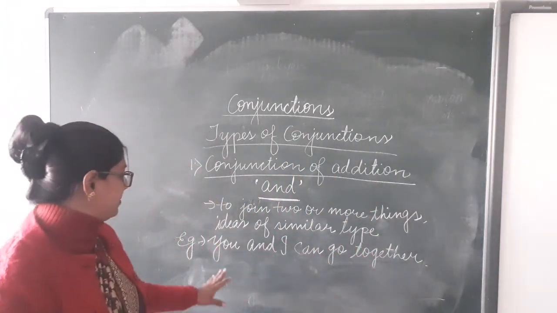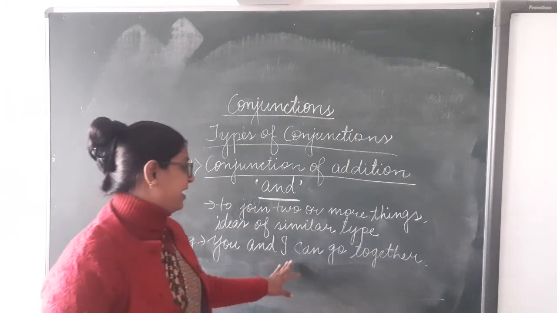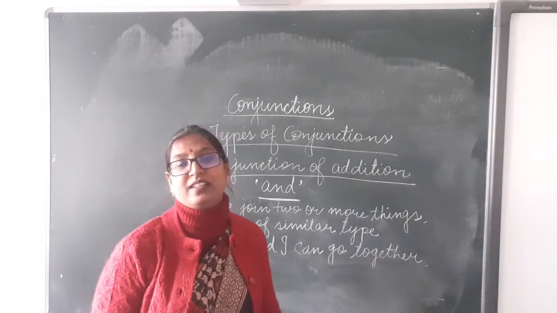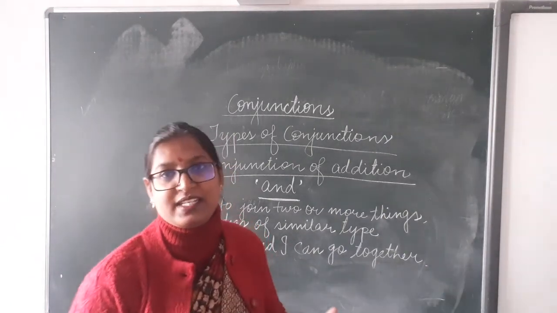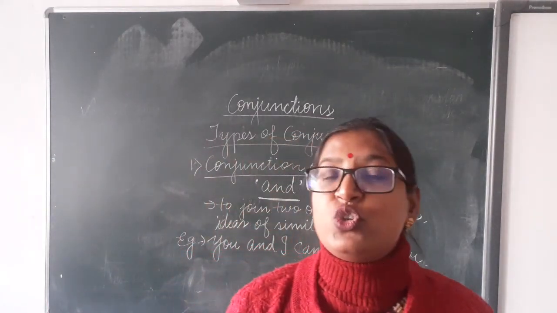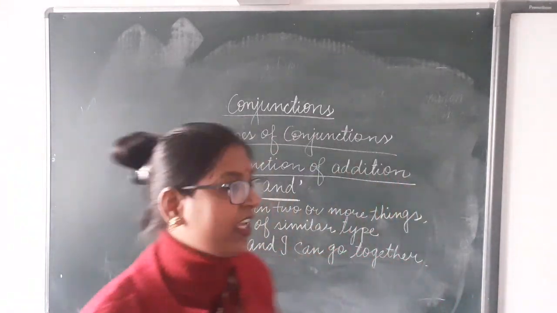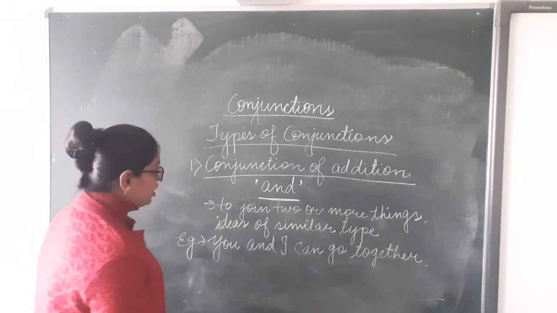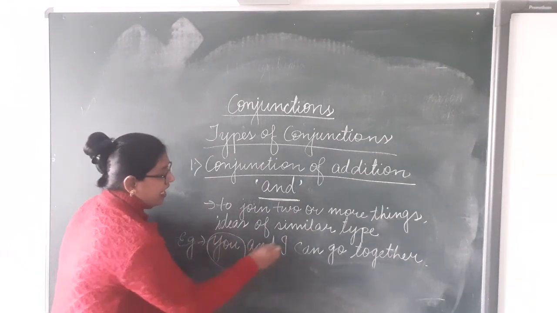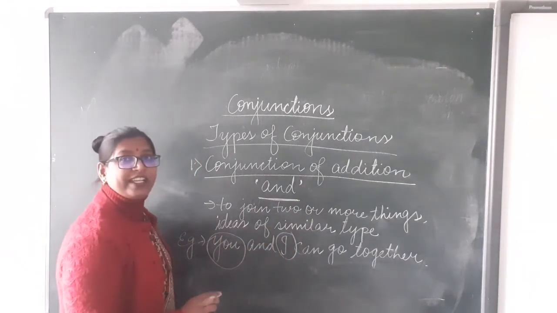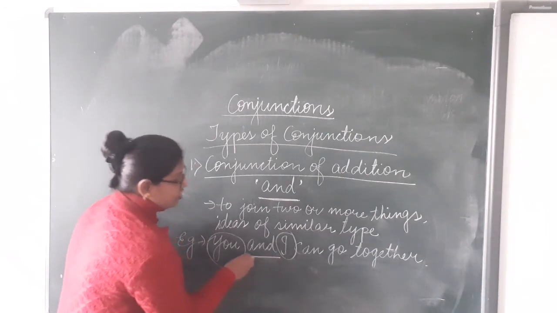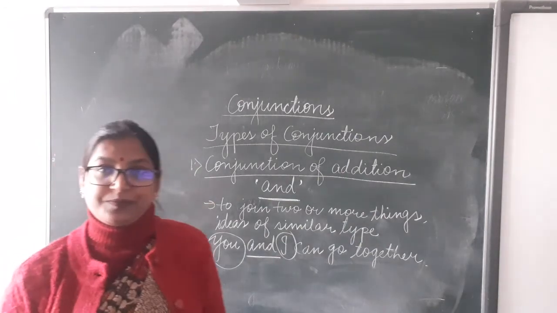Let's see the example. You and I can go together. You and I, we both can go together. So here you can see the two words you, I are joined together by using the conjunction and.